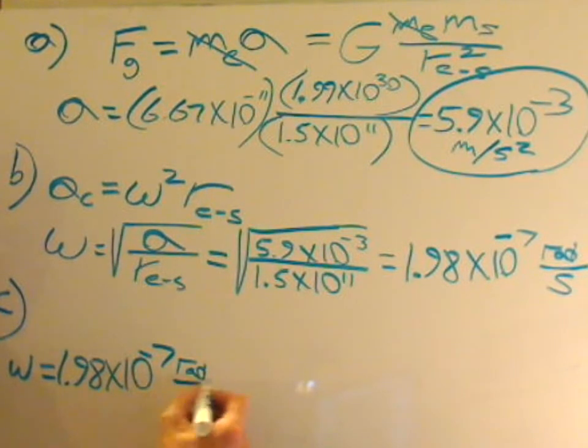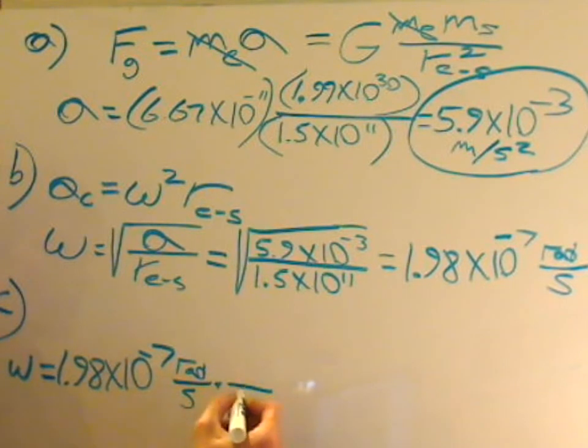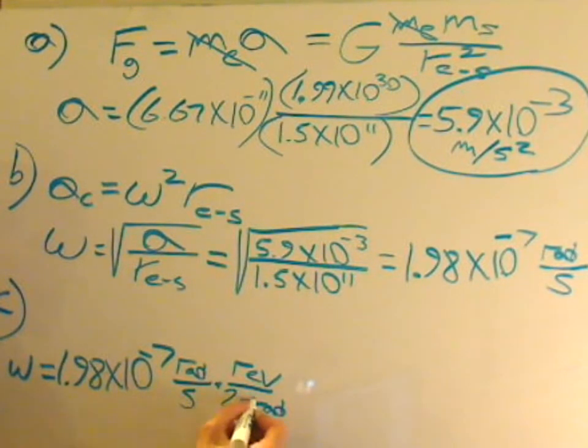So we'll first convert to revolutions. So we have to divide by 2 pi radians for every revolution. So the radian units will cancel, and now we have revolutions per second.